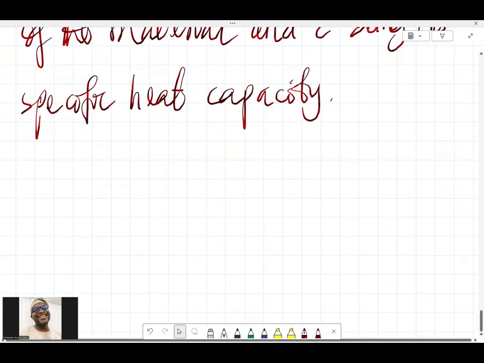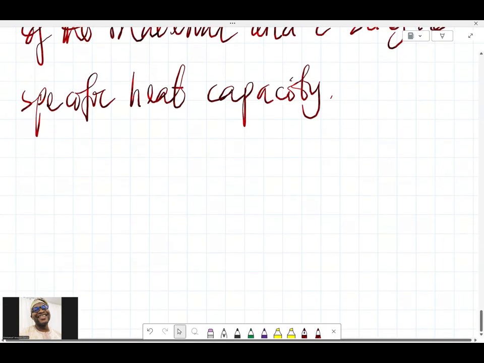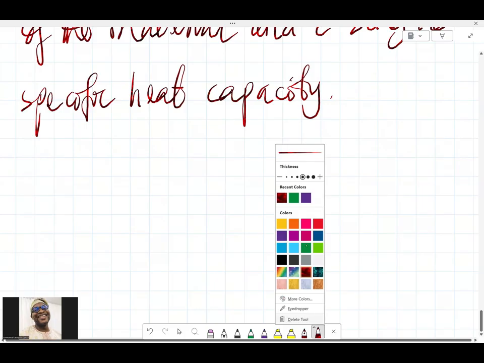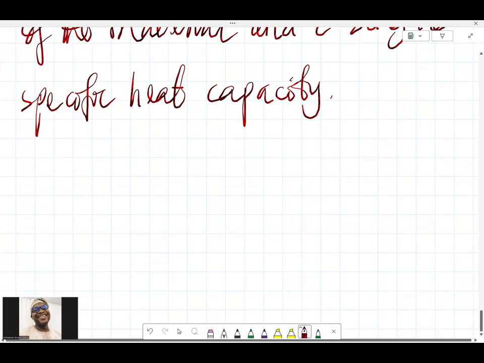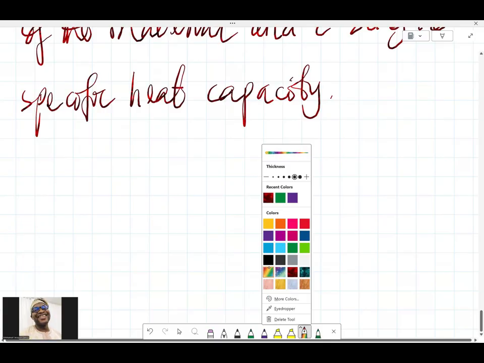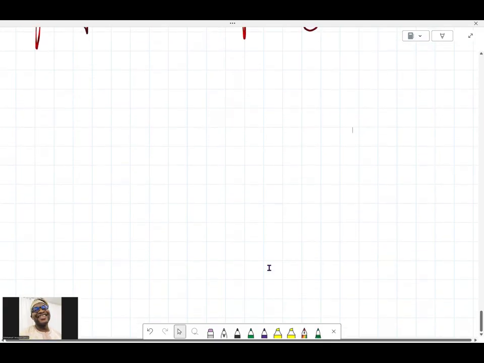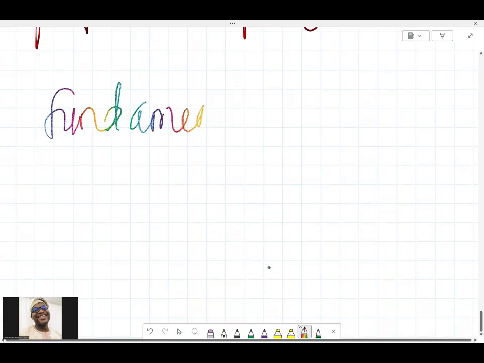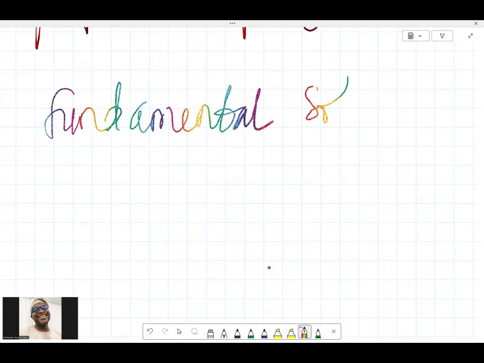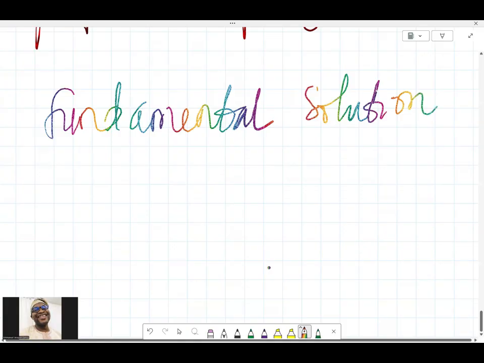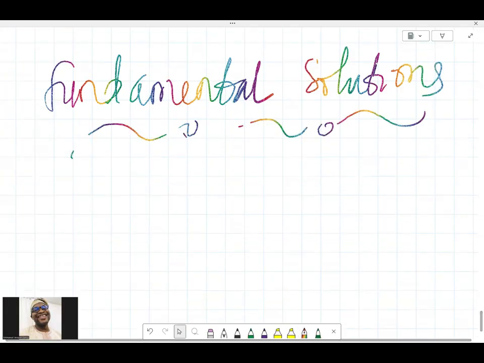Okay, so with that done, let's talk about fundamental solutions. So we are talking about the heat equation and fundamental solutions.